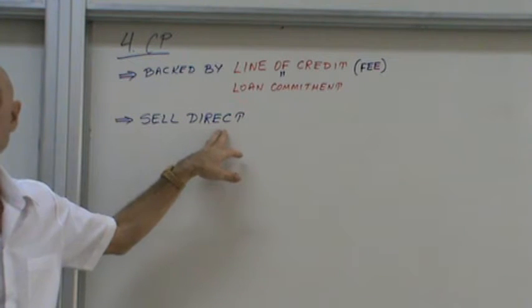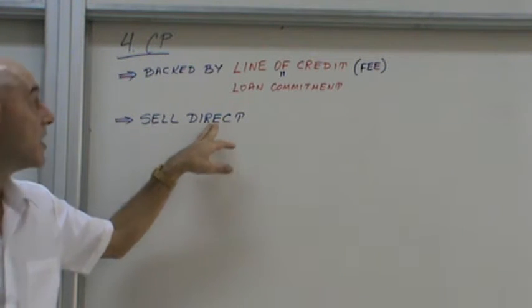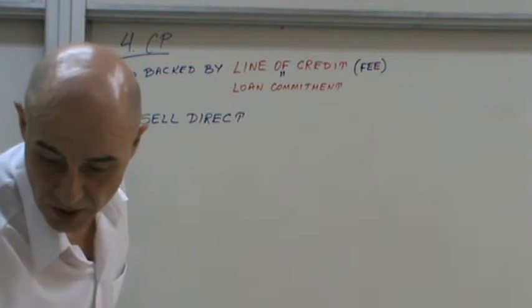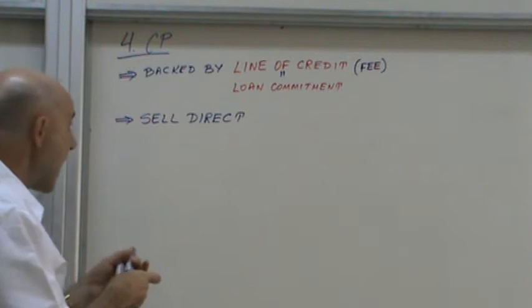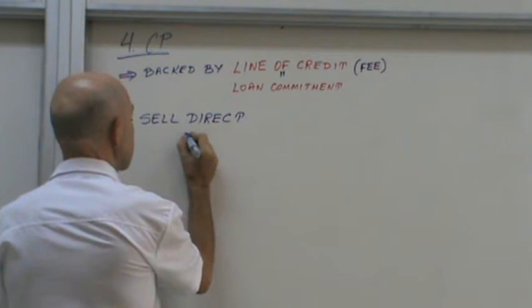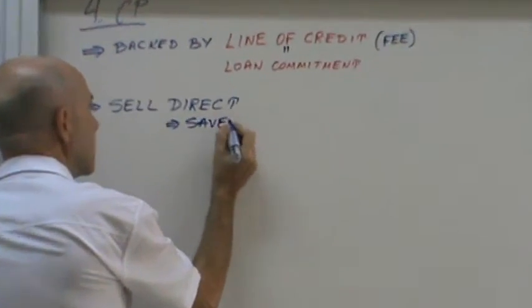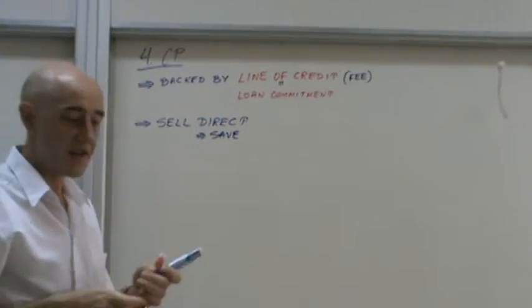So the idea is to sell direct, and if you sell direct, you save on what we call underwriting costs.